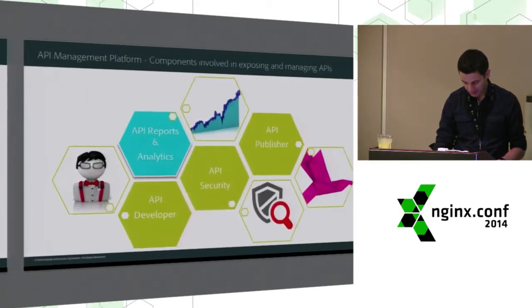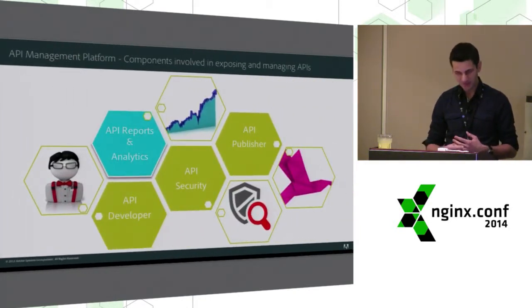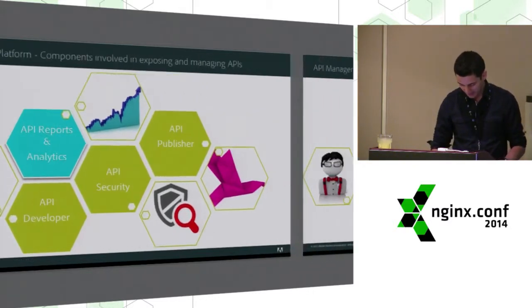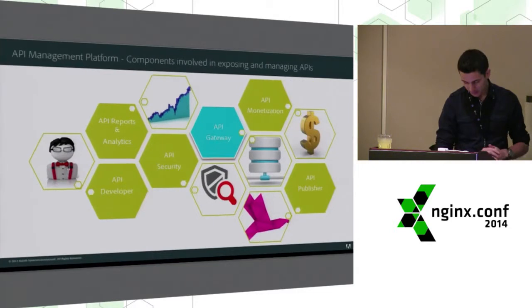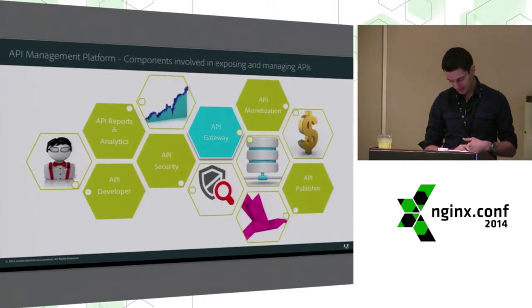And after you push the API and somebody is really using it, you want to see some metrics to see the usage and how things go. And then if you're really successful, you may consider making some money out of these APIs. And in the midst of all these, you have a gateway that talks with all these layers and makes sure that things happen as they're supposed to happen.